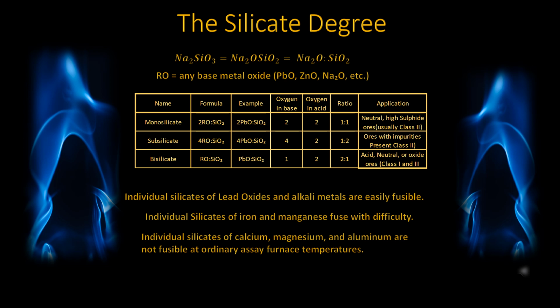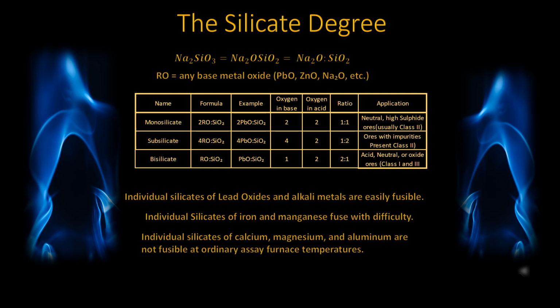It is the ratio between the silicon dioxide's oxygen atom and the base metal's oxygen atom that determines the silicate degree. As shown in the table, in order to have a monosilicate slag, there would have to be two molecules of the lead oxide and one molecule of the silicon dioxide in order to have a ratio of 1:1.